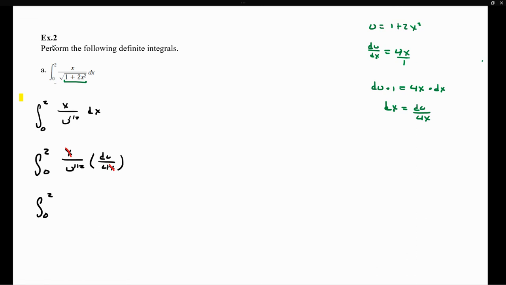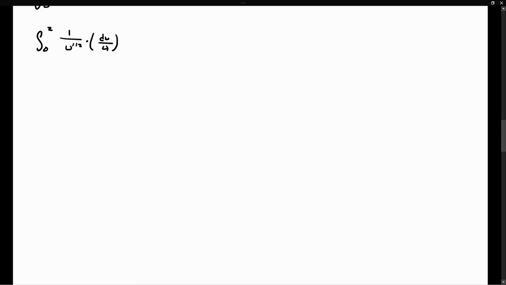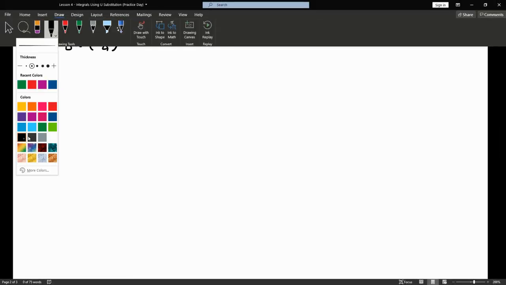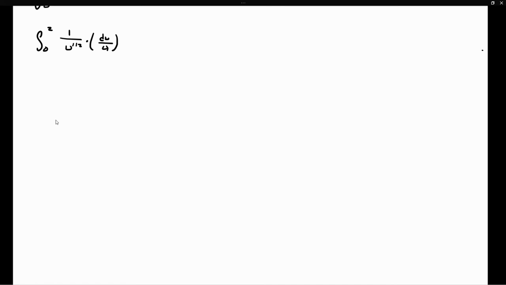From 0 to 2, 1 over u to the 1/2 du over 4. But remember that everything is being multiplied, so this 4 that we have in the denominator, I'm going to pull in front of the integral as 1/4. So now, if we rewrite it, sorry about that, we're going to get 1/4 integration from 0 to 2.